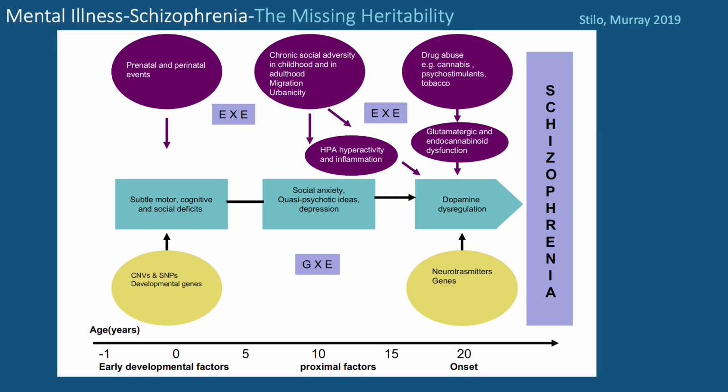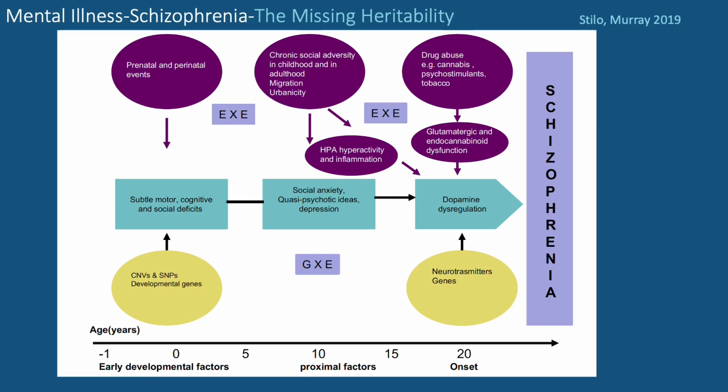So the child and the young teen will manifest problems such as social anxiety, quasi-psychotic ideas, and depression. And remember that chronic social adversity in childhood causes hyperactivity of the HPA axis, meaning the axis that regulates stress in the body, and also inflammation.